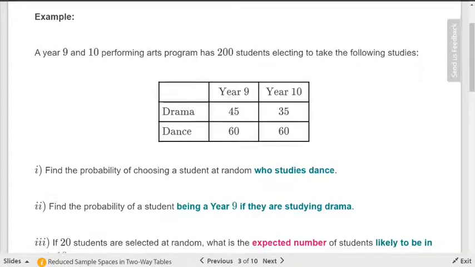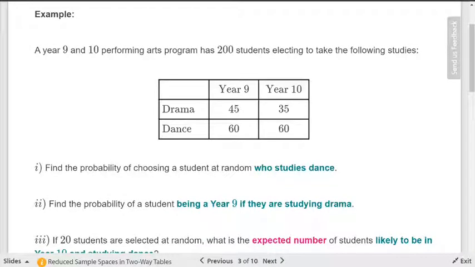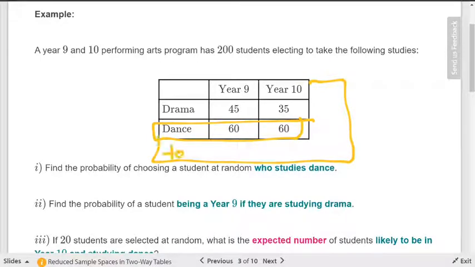So here we have choosing a random student who studies dance. I'm only allowed to choose students who study dance, which is this. But what's missing? You betcha. And you cannot answer these questions without putting in those total sections.